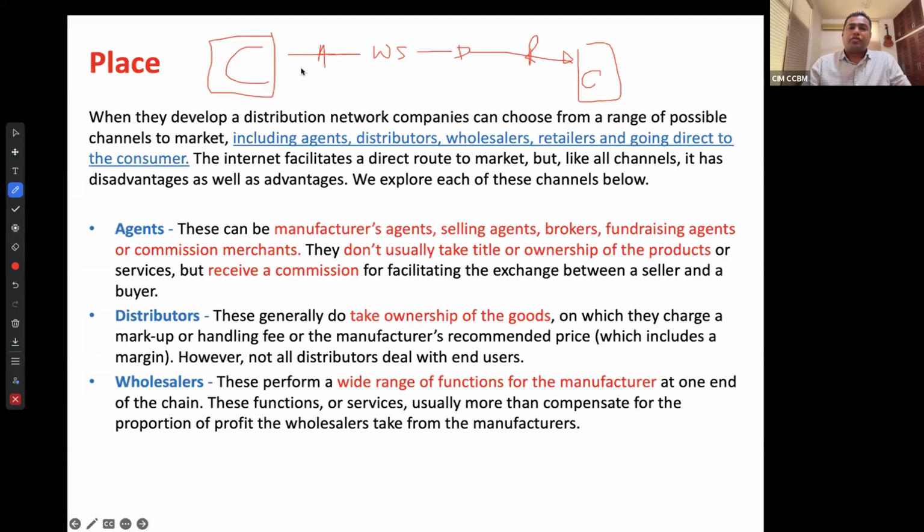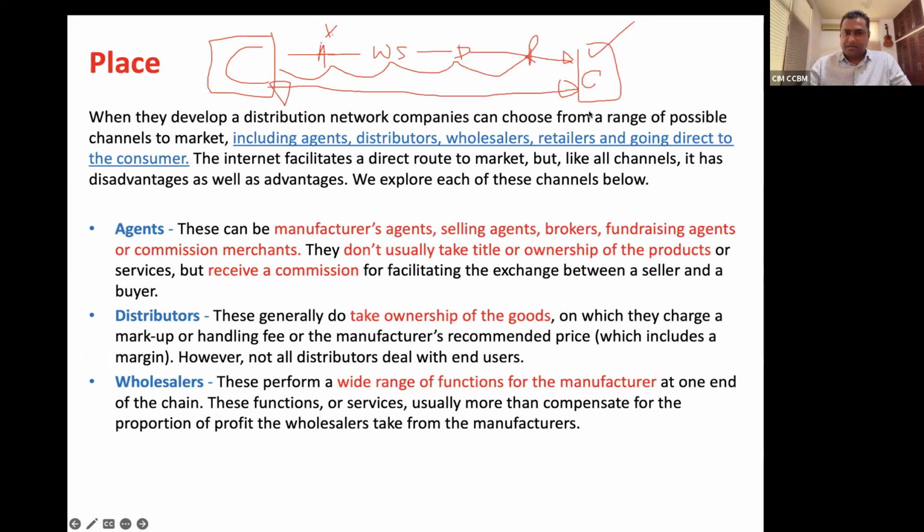Now, as you go from channel to channel, you have to give them a percentage. So your product cost increases by the time it goes to the customer. And that is why there is also something called the direct marketing route, where you can invite customers to your website and sell to them direct.